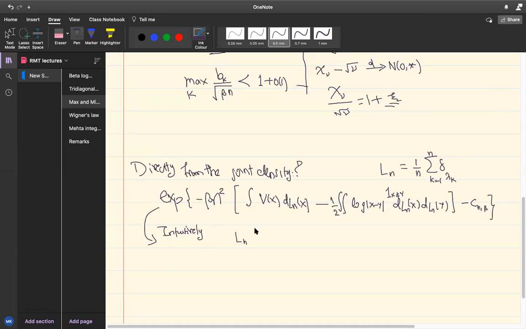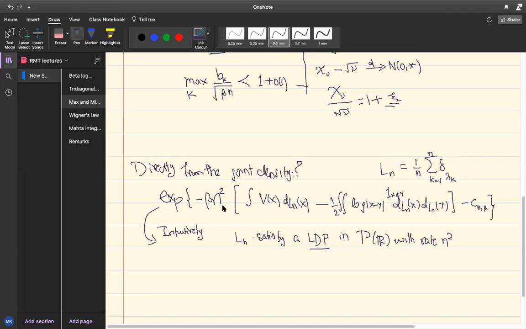So the L_n's, these empirical measures, are random things which satisfy a large deviation principle in the space of probability measures. Let's take the space of probability measures on the real line. In that space, L_n satisfies a large deviation principle with rate n squared.